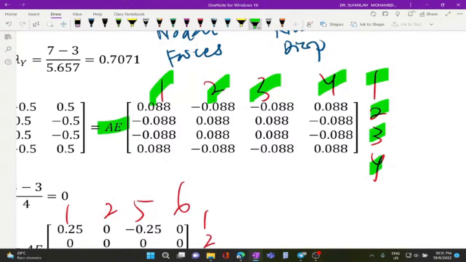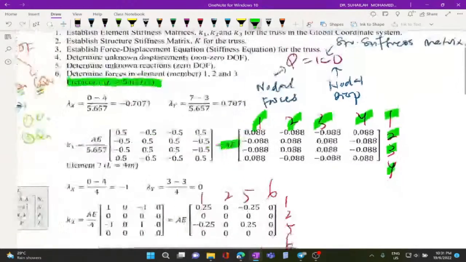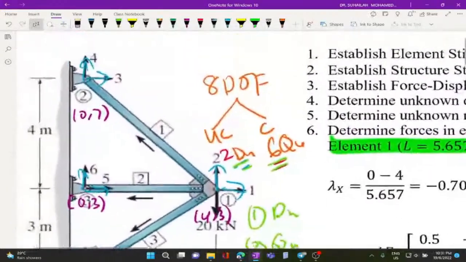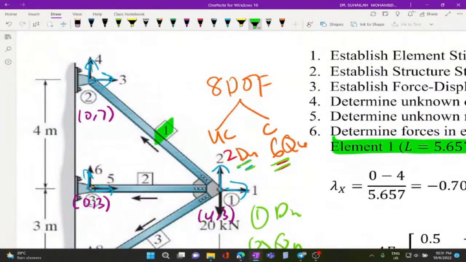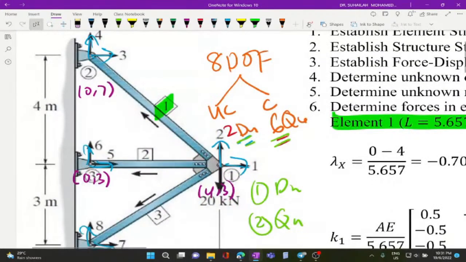So how do we get this label? By looking back at the diagram. This is element number one, and look at the arrow. We will label from near to far. Near is one, two is far, because the arrow always moves towards the far end.